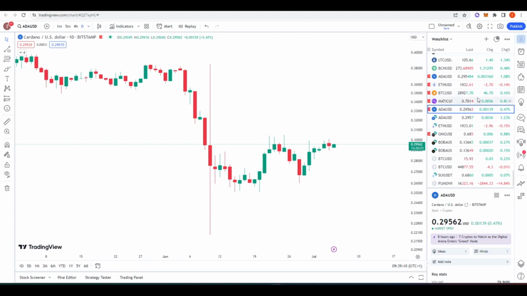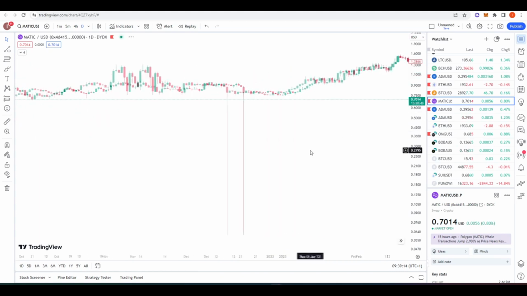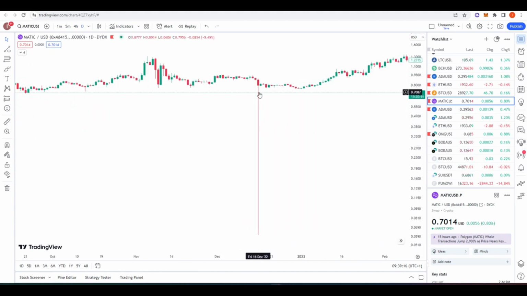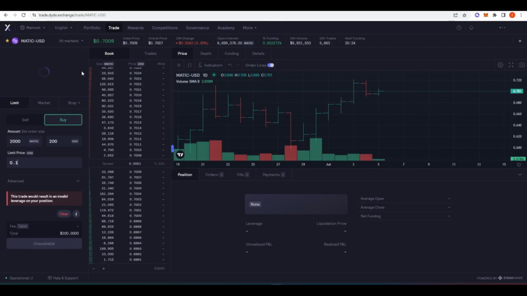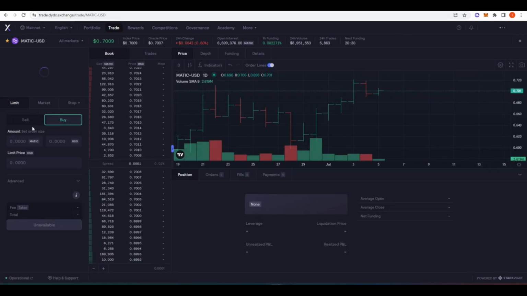So if you wanted to do this, for example, on DYDX, I can just show you quickly how it's done. Let's just imagine we had a limit buy order in for Matic on the perpetual futures pair at like 0.1. So we go to DYDX, change to Matic, and we'll go to limit buy order.